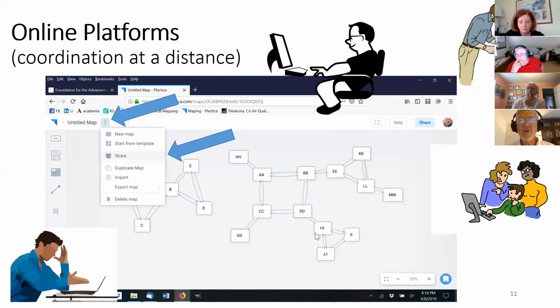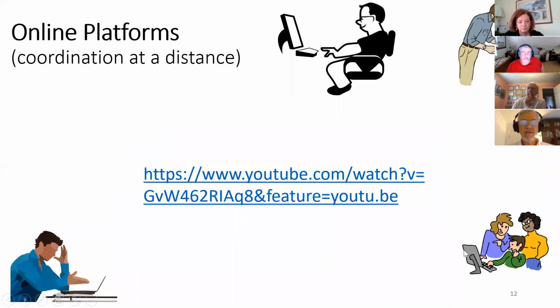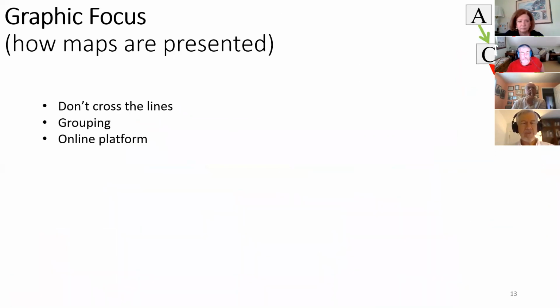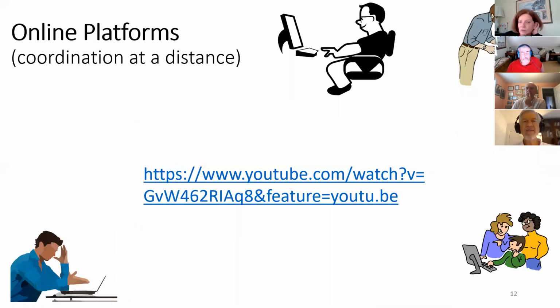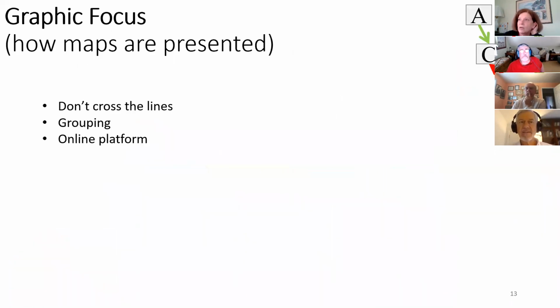Okay, onward to the online platforms. So there are some online platforms. That was pretty messy. Steve, I was going to ask you how you determine which online platform you use, because I know there are several, and I'm sure you've probably tested all of them. Well, I don't even know what all of them are.